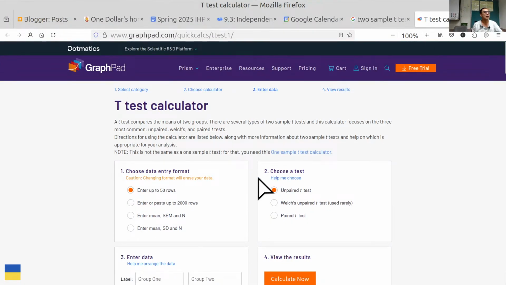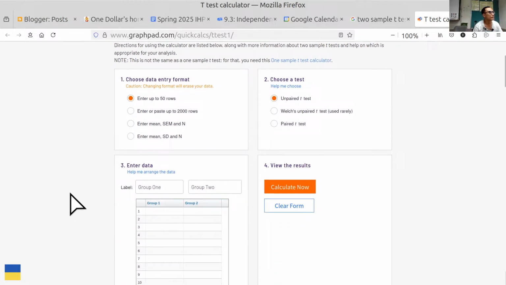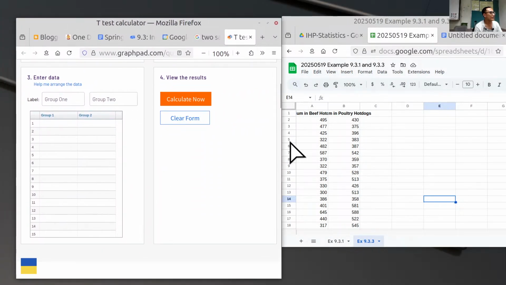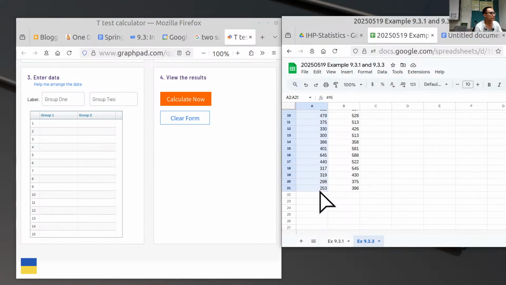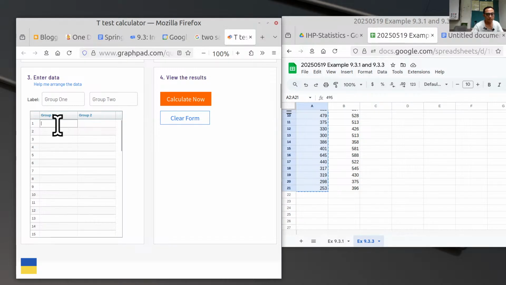For example, this one, last year I used this one. Now the t-test calculator, unpaired t-test. Last week we shared some information about the t-test here. Then we select unpaired t-test. Group 1, copy. Group 2.